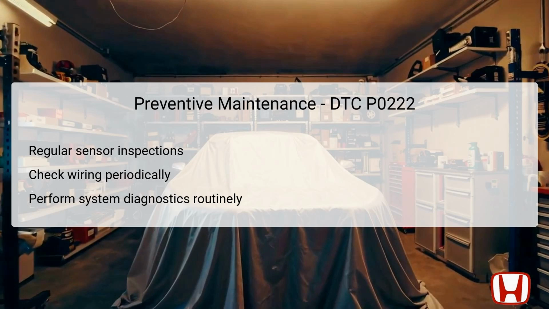Maintaining cleanliness in the electrical connections and ensuring there is no corrosion can also prolong the life of these components. Timing belt replacements, general engine maintenance, and regularly checking fluid levels will help maintain the entire engine system's overall health, further preventing throttle control issues.